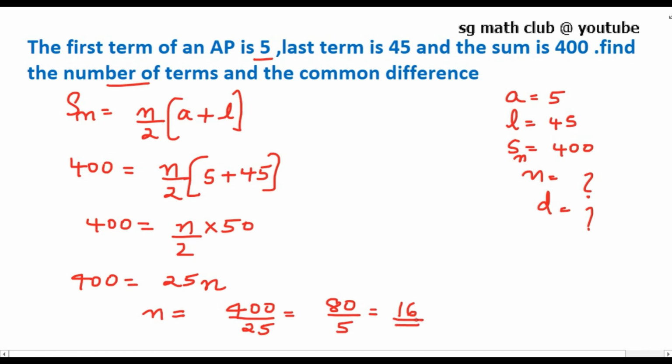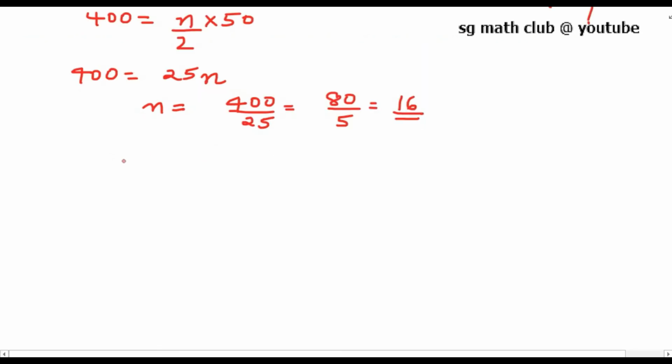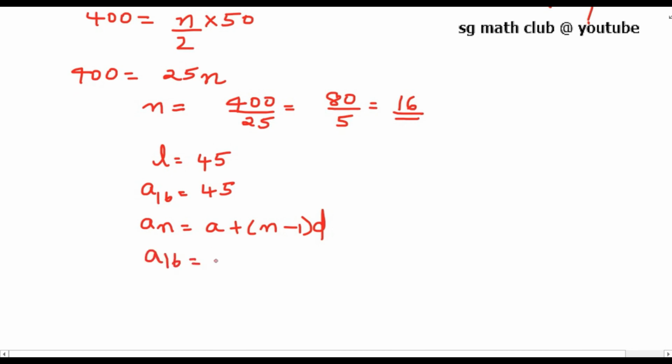So number of terms for this AP is 16, and we need to find common difference also. Common difference, we can use the nth term of AP. So here total 16 terms are there, and they have given the last term as 45. That means A16 is 45, and we have to use the nth term formula A plus n minus 1 into D. A16 means A plus 15D, and A16 we know it is 45.